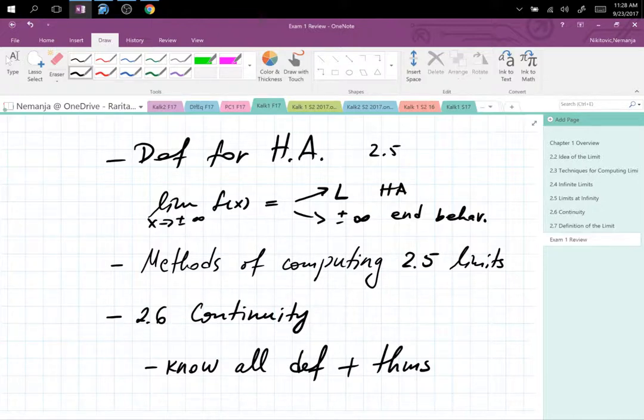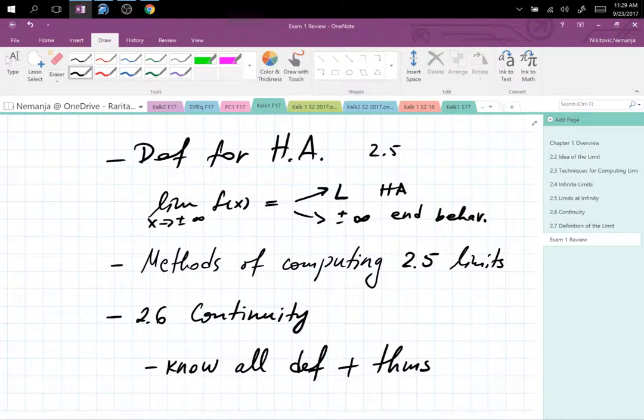There could be a statement, right? Question might say, list all the functions which you learned, right? List all the functions that are globally continuous, in which case you write polynomial, sine, cosine, e to the x, ln x, square root of x, absolute value of x, right? You write those down.